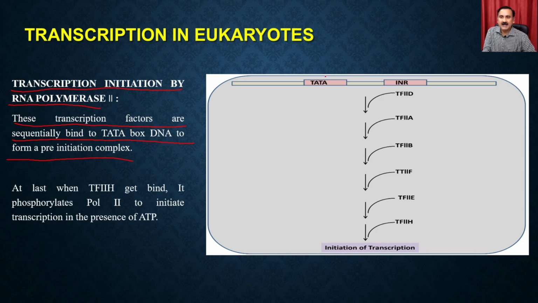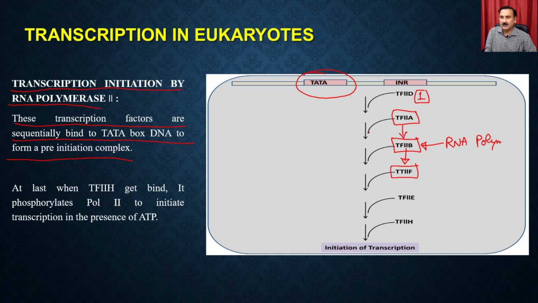So you have the promoter, with the TATA box and then the other promoter regions. The first transcription factor to come and bind is TFIID, and when TFIID is bound, it provides the docking site for TFIIA, and then TFIIB binds. TFIIB provides the binding site for TFIIF, and it also allows the binding of the RNA polymerase.